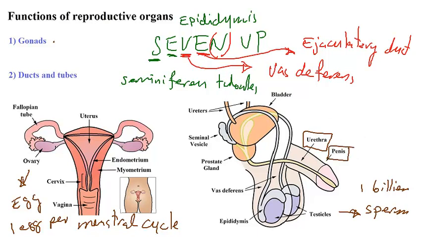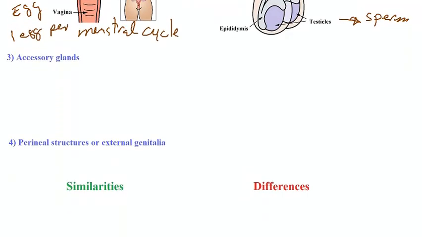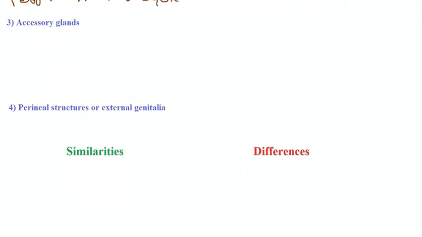All right, the next structure in the reproductive organs is the accessory glands and organs. So in males, it's the prostate gland and seminal vesicles that secrete fluids that mix with the sperm during ejaculation. And then there is also bulbourethral gland that will produce an alkaline lubricant in order to help the sperm to survive the acidic environment of vagina.